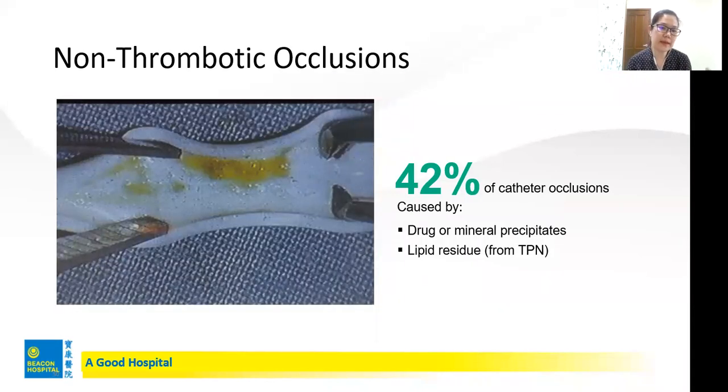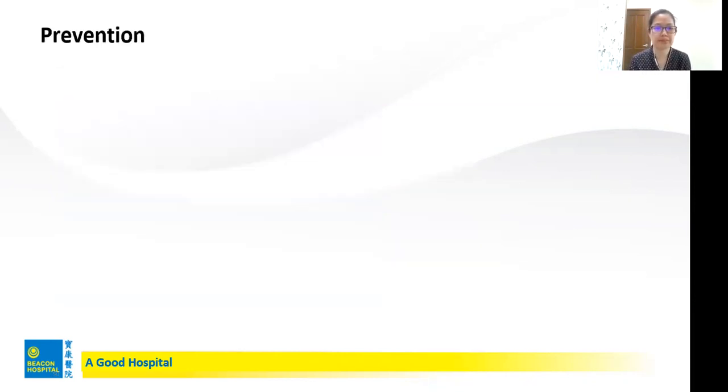Another cause is non-thrombotic occlusion, not related to blood clot. 42% of catheter occlusions are caused by drug or mineral precipitates or lipid residue from, for example, TPN. This could happen if you infuse incompatible drugs together into the same line. They might crystallize and form mineral precipitates.